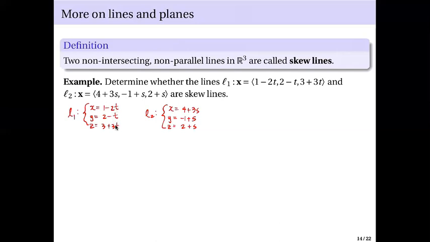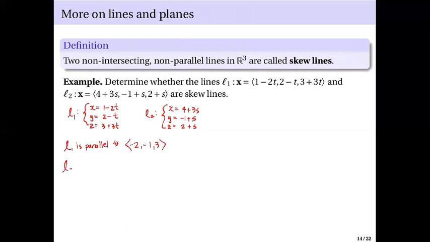Those are the components of the vector for which your L1 is parallel to. So from here, L1 is parallel to the vector (-2, -1, 3).